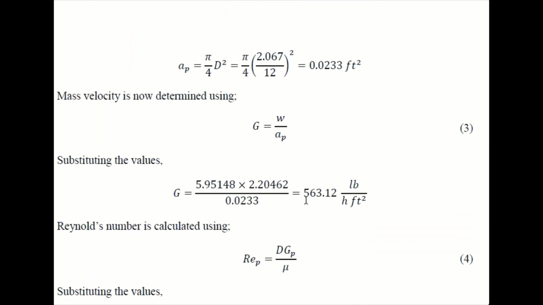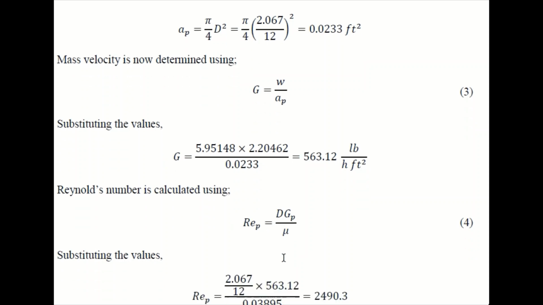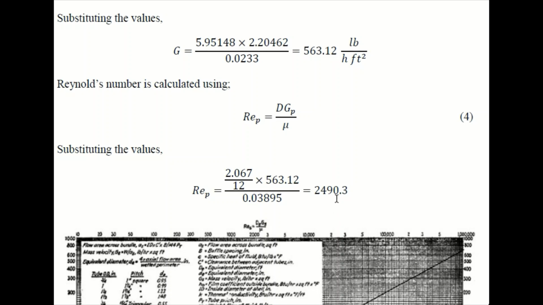Now we can determine the mass velocity by dividing the flow rate by area. We have obtained it as 563.12 pounds per hour feet square. The next step is to calculate the Reynolds number, which is D times mass velocity divided by viscosity. We know each and every value, so after substituting these values, we obtain the Reynolds number as 2490.3.